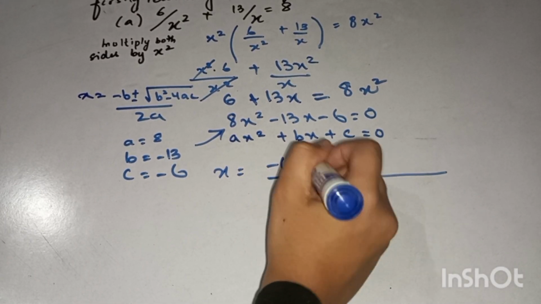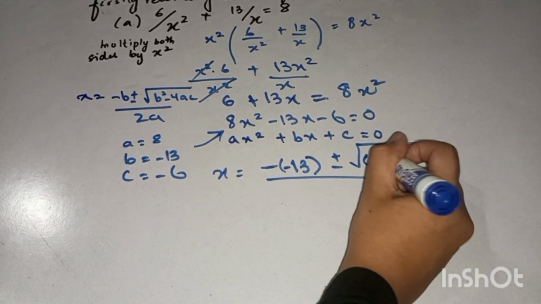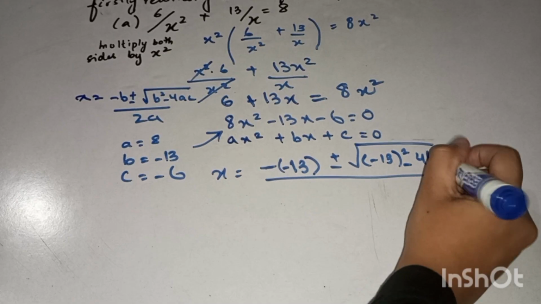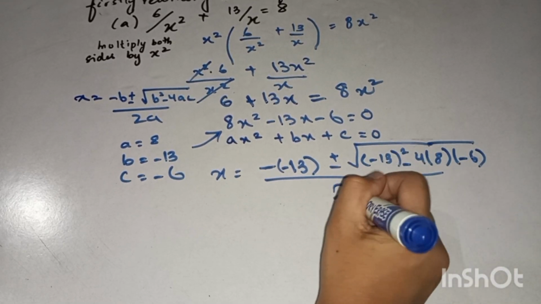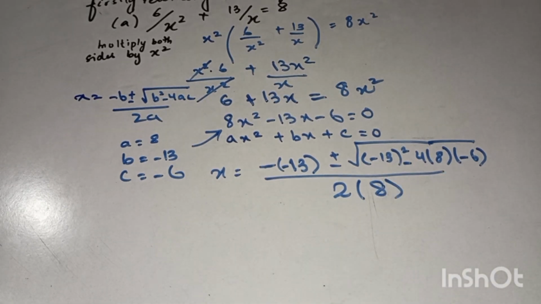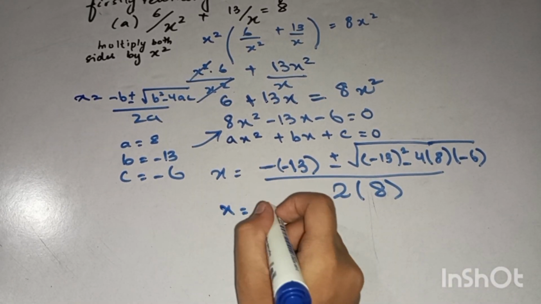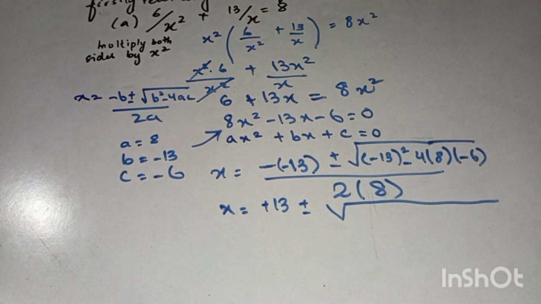So in brackets you get minus 13, with minus outside, plus minus under root minus 13 square minus 4 into 8 into minus 6, upon 2 into 8. So in the denominator you have this. Now let's simplify it further. Minus minus plus, so this becomes plus 13. Plus minus, let's solve this part.